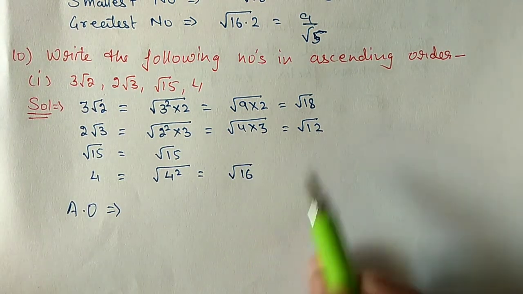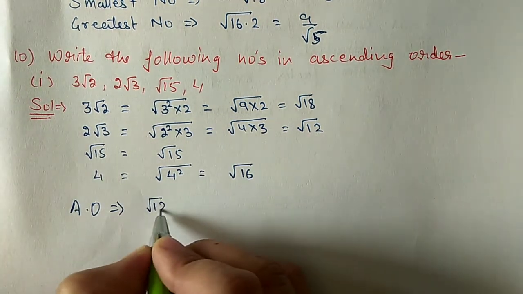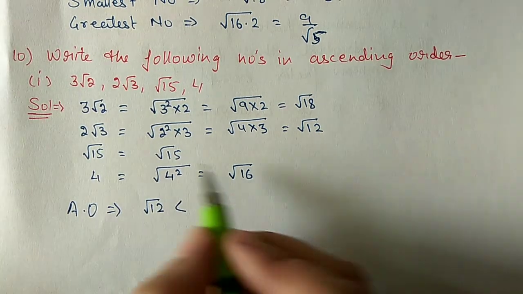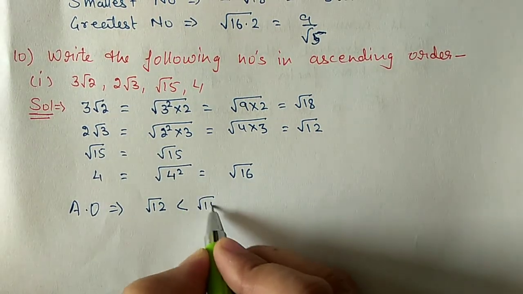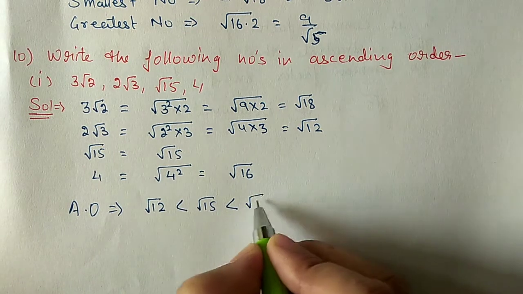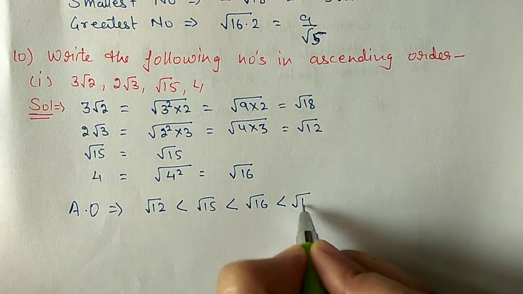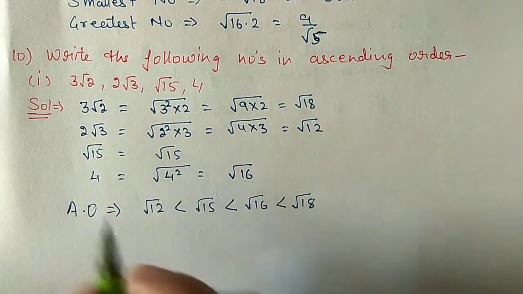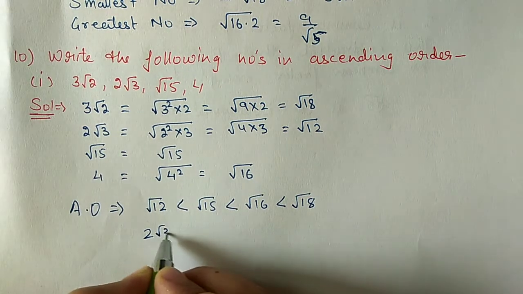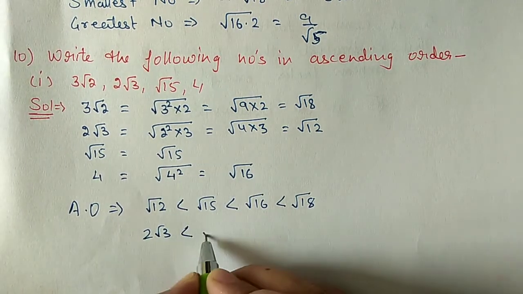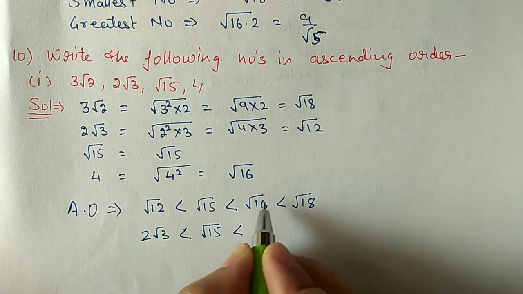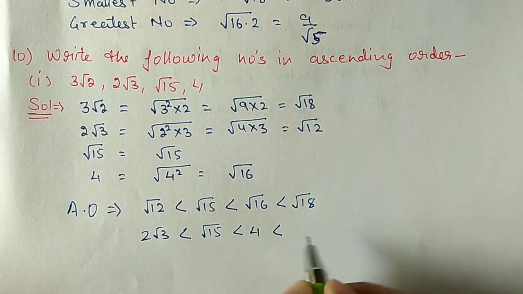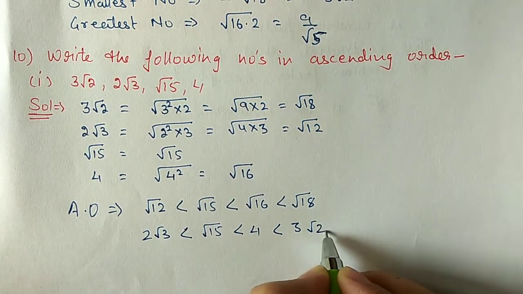So the smallest number is root 12. Then next we have root 15, root 16, and then root of 18. Root 12 actually was 2 root 3. Root 15 was root 15 only. Root 16 was 4 and root 18 was 3 root 2.